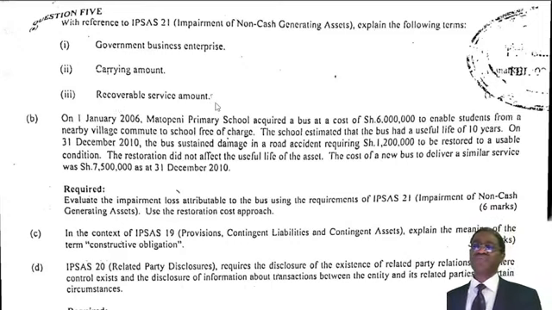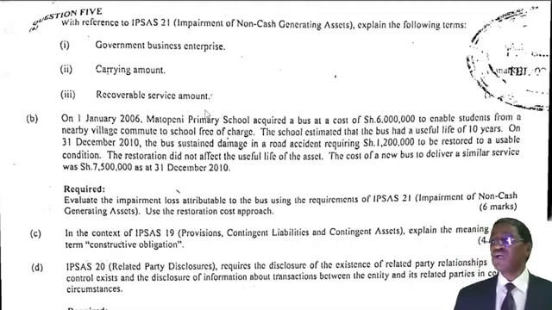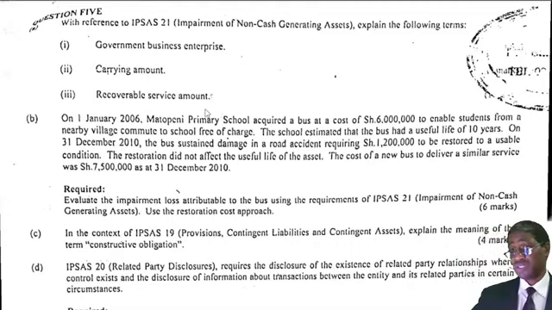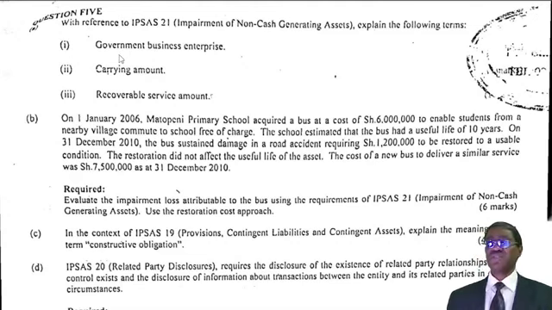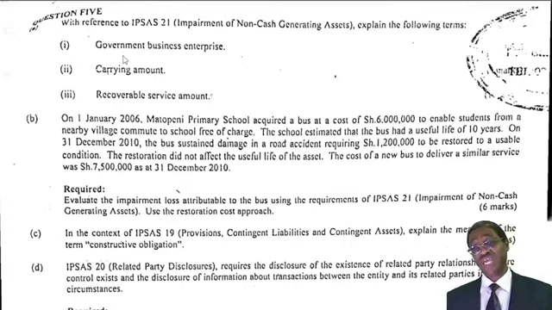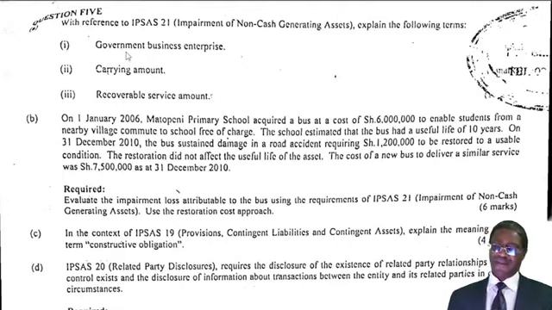I want to believe that nobody should have any problem with any of those three terms. The only term we may not have mentioned is the first one, but still, with your accounting knowledge, I believe you should be able to say what a government business enterprise is.